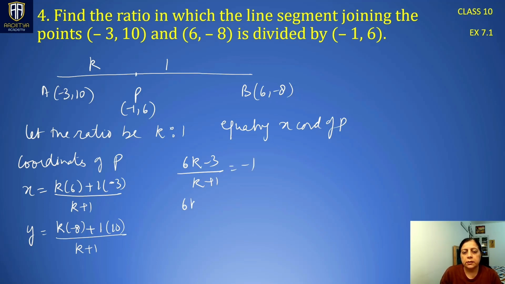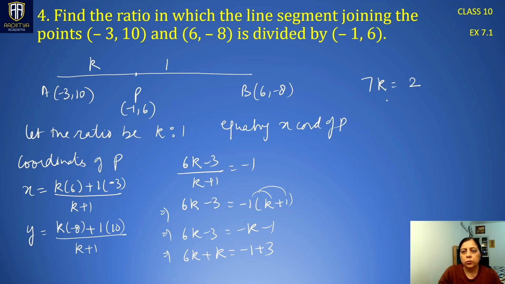That implies that 6k minus 3 is equal to minus 1 times k plus 1. 6k minus 3 is minus k minus 1. So we have 6k plus 1k is equal to minus 1 plus 3. That is 7k is equal to 2. So k becomes 2 by 7.